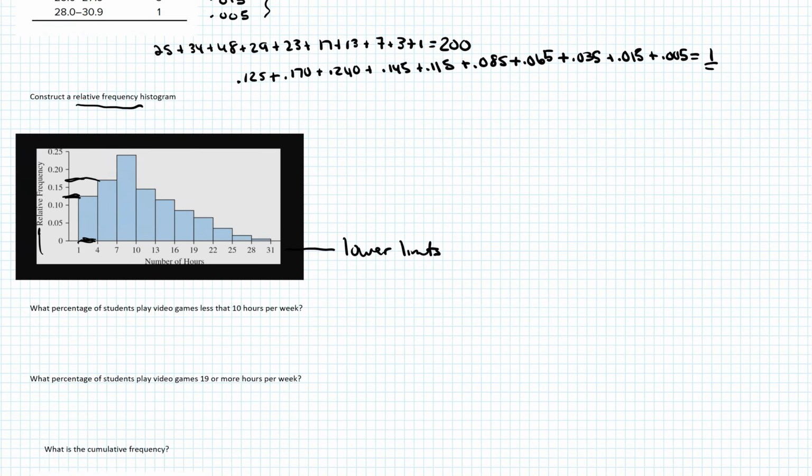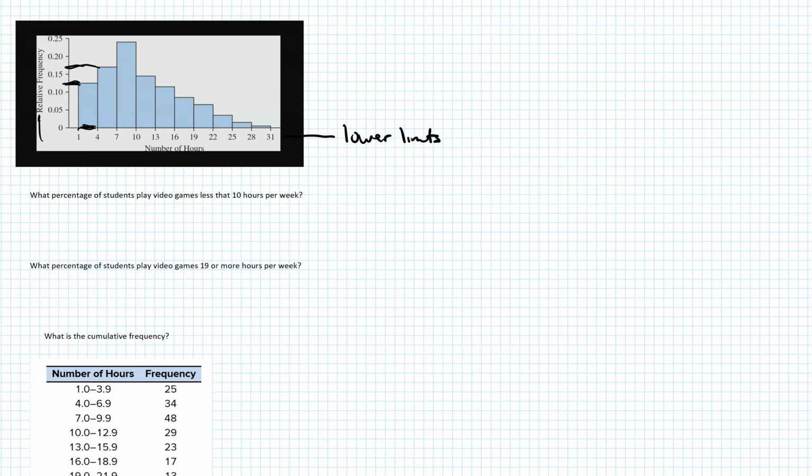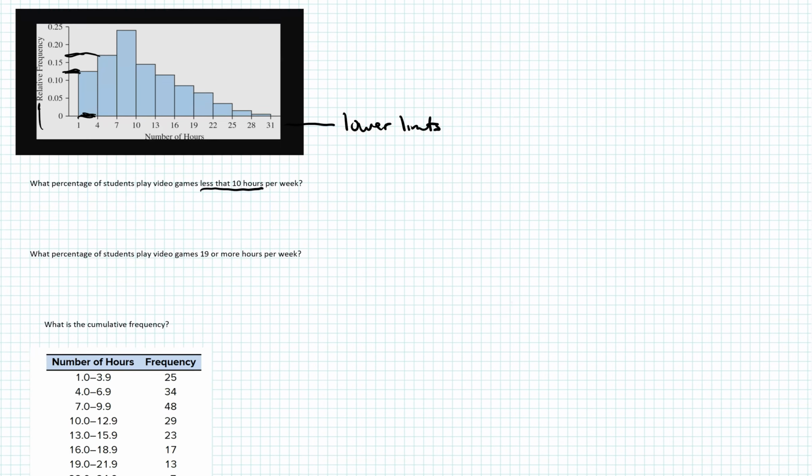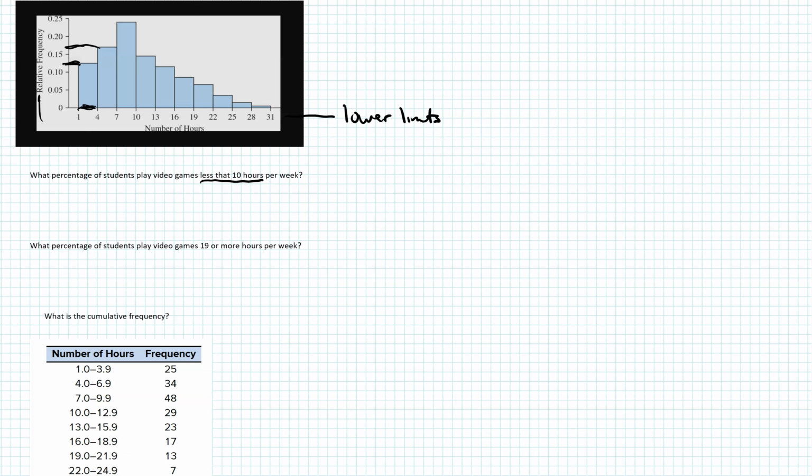What percentage of students play video games less than 10 hours? All right, so less than 10 hours is going to be adding up all of these. So I go 48 plus 34 plus 25.